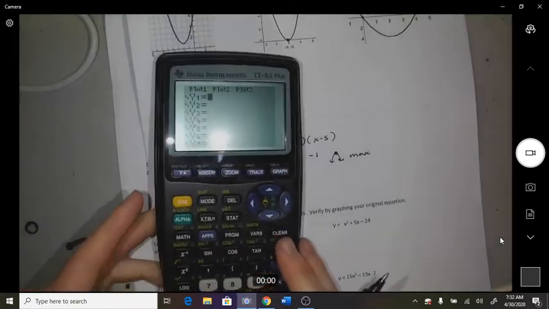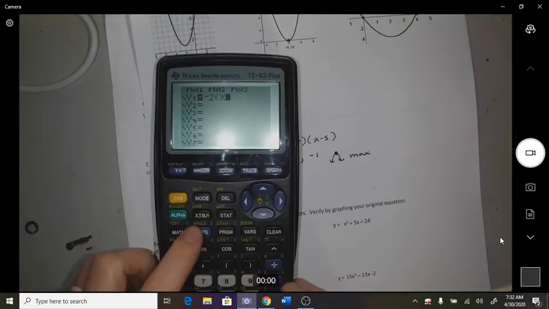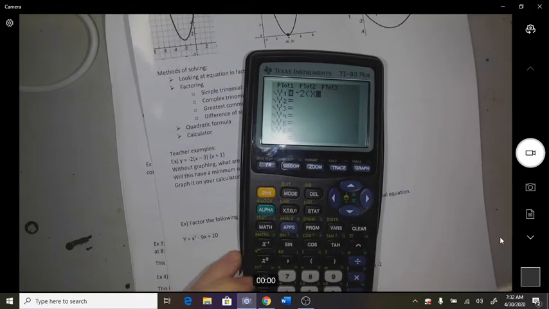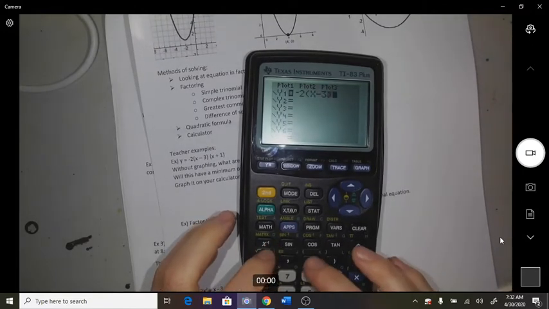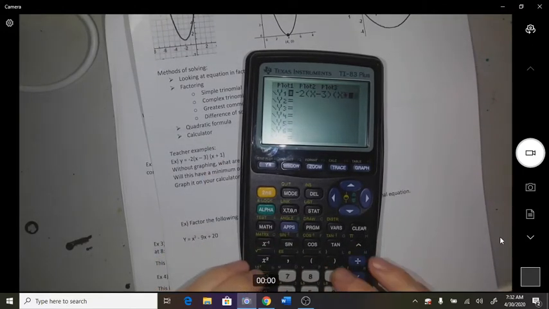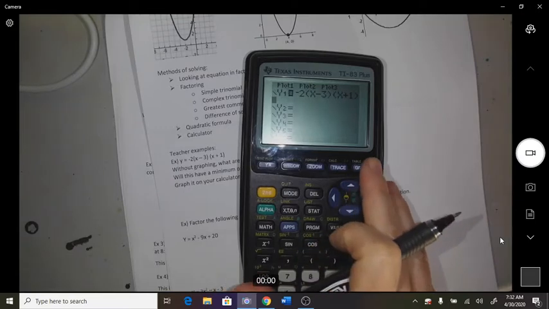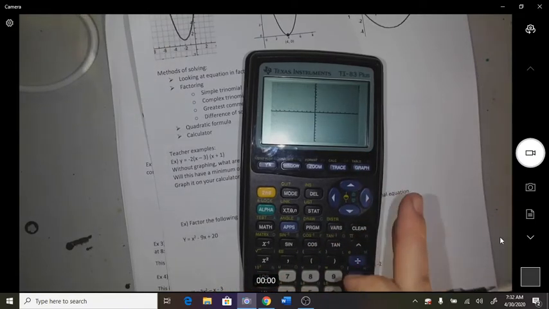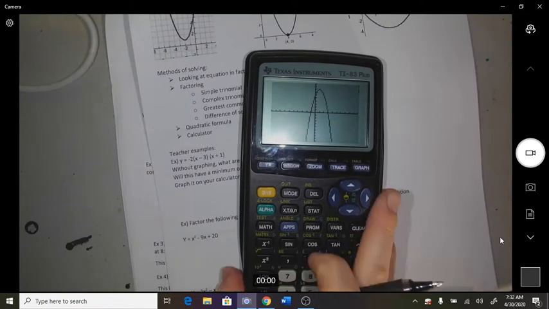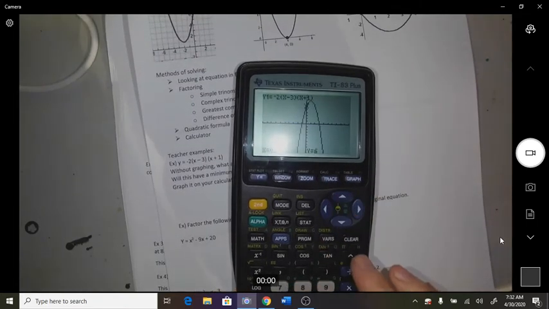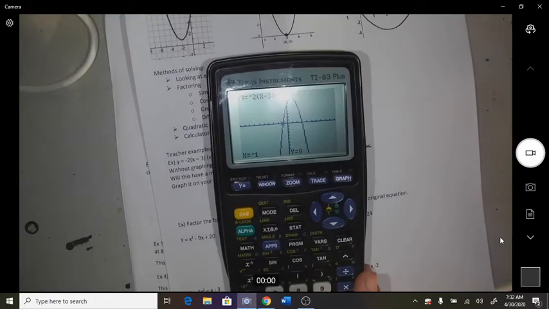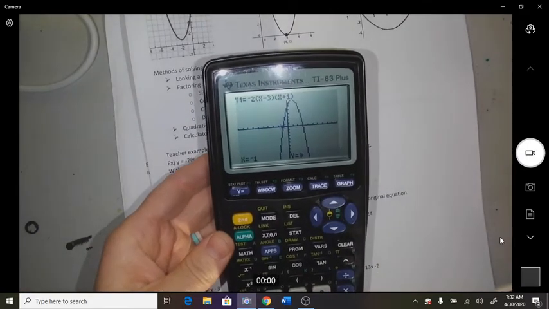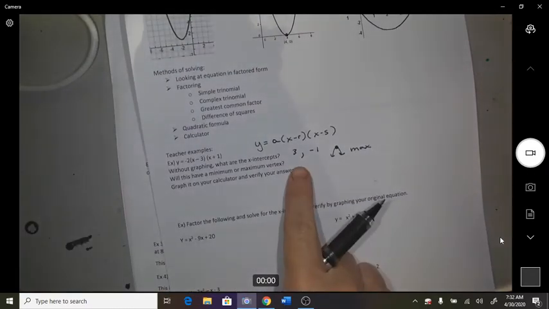So y equals negative 2, and then we'll enter the equation. Okay, so there's the equation. If I hit my trace button, let's just check out negative 1, 0. That is correct. And if I push 3, enter, 3, 0. So we were correct.